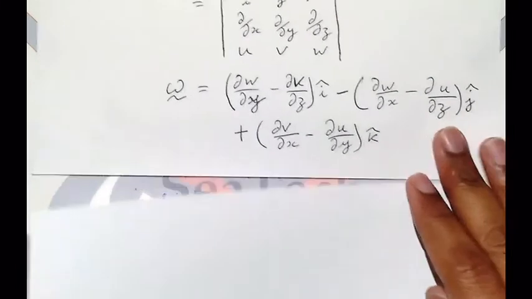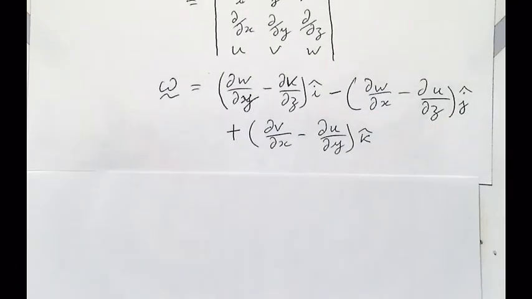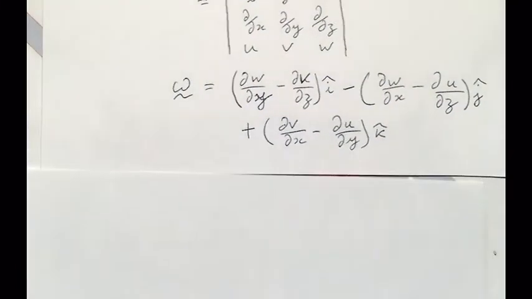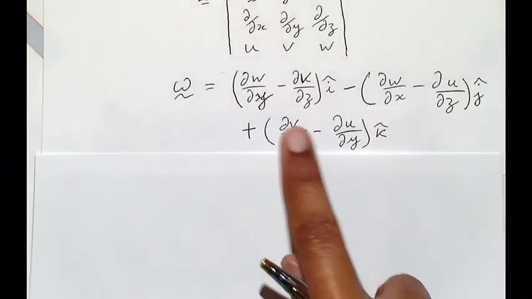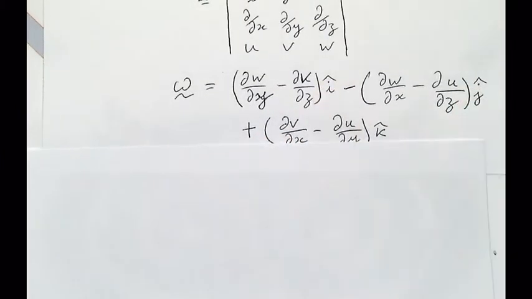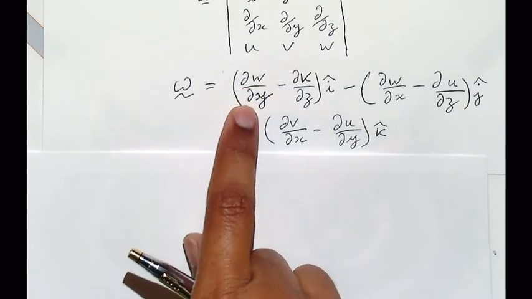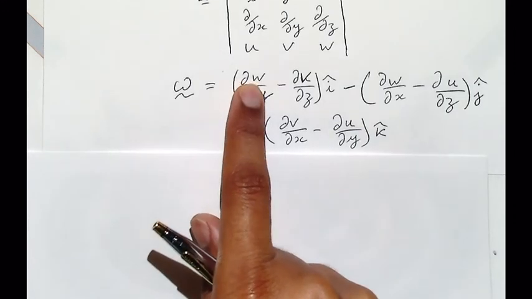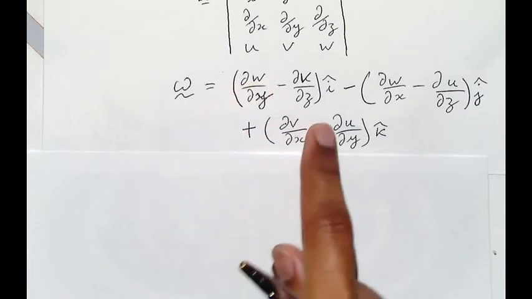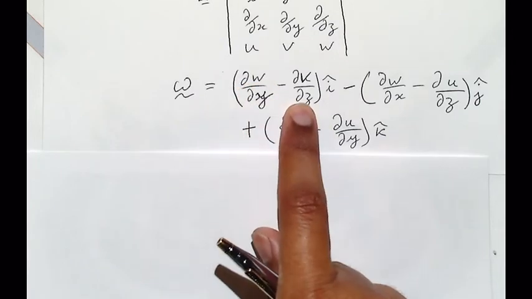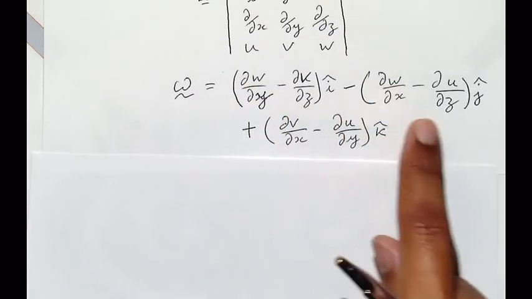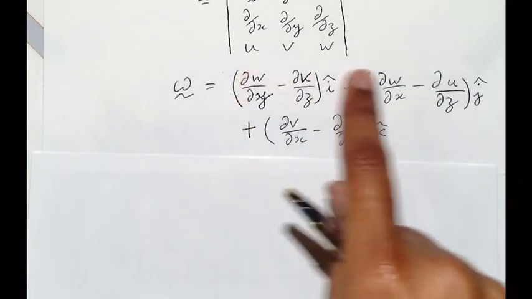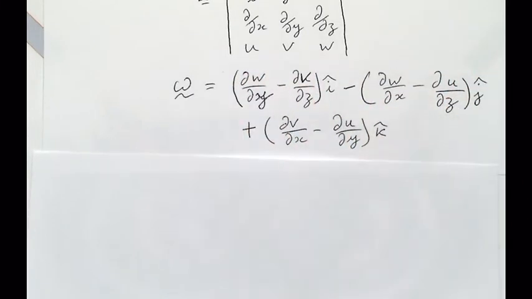So if you immediately jump to thinking of going from 3D to 2D, it's tempting to say, okay, there's no k term, so i and j remain. But if you look at it, there's a w here, which is 0 in 2D. There's a d by dz, which is 0. So these two terms are actually 0 in 2 dimensions.